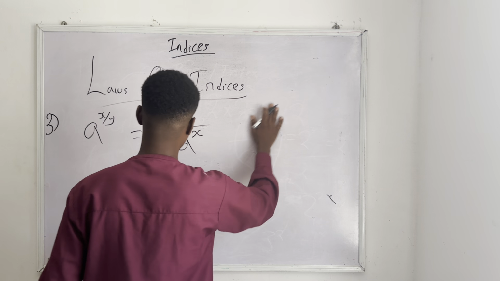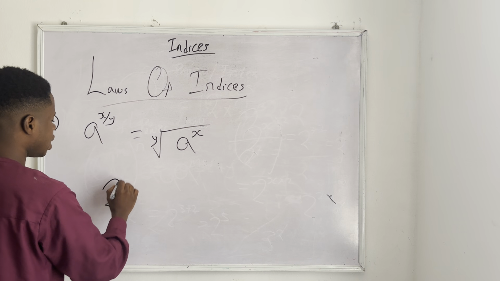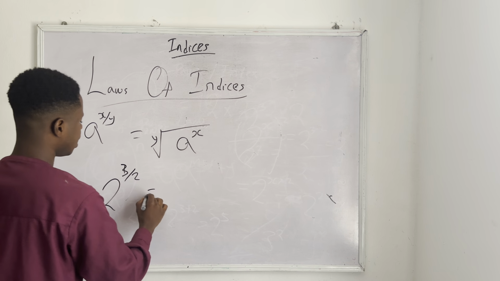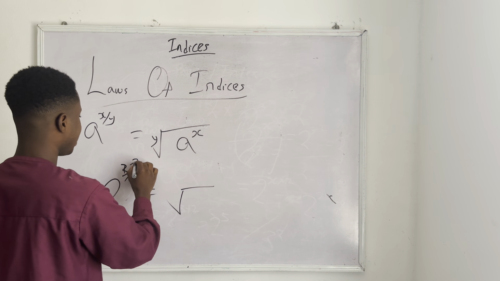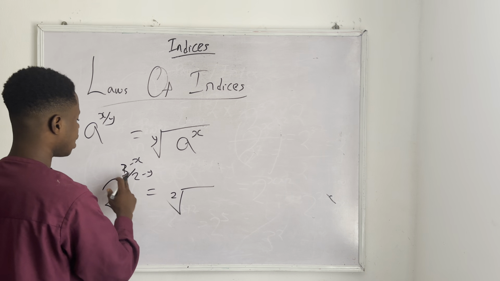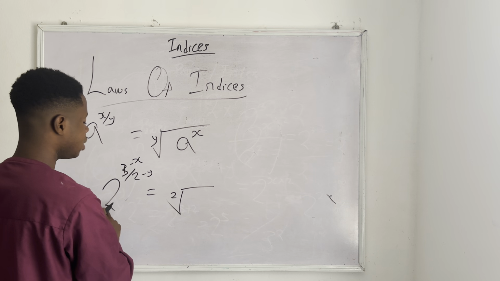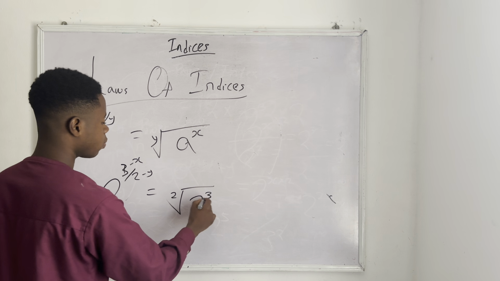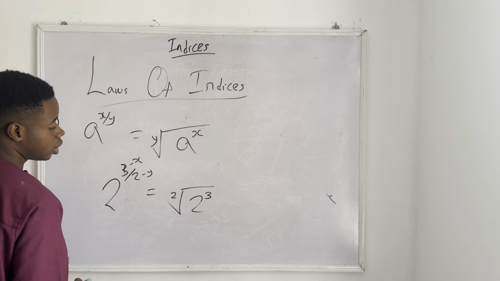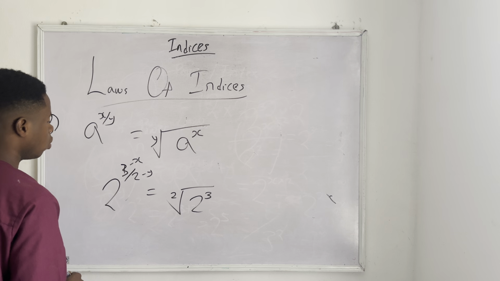Take for example, if I have 2 raised to the power of 3 over 2, then 3 is my x and 2 is my y. Our y will come to this place and our x will be the power of the base. This will be the square root of 2 raised to the power of 3. So this is for the fractional law.